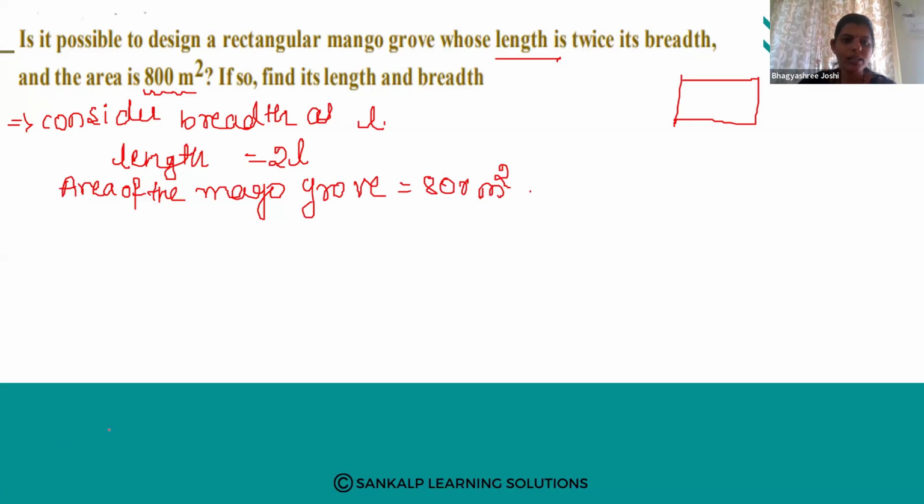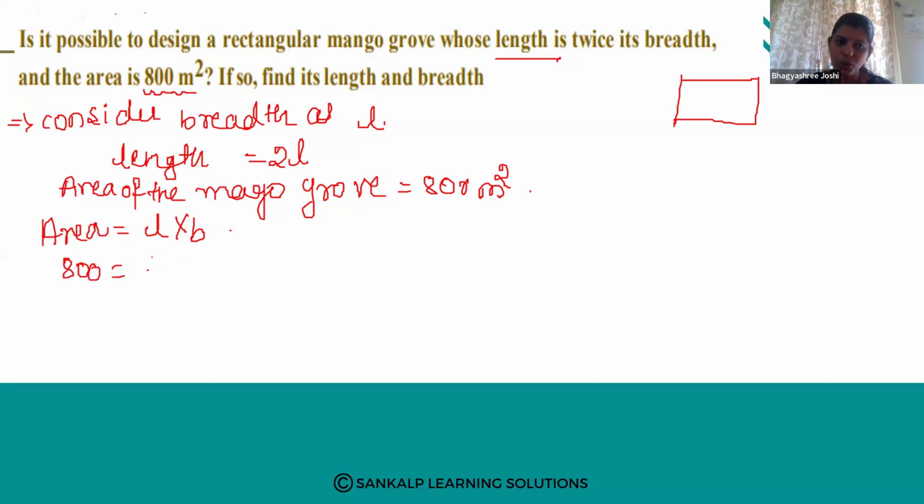Okay. So, for that, in order to find out the area, first we should know the formula to calculate area of the rectangle, because mango grove is in the shape of rectangle. So, here we are using area of the rectangle, that is L into B, length into breadth. Yes or no? So, area of the mango grove is equal to length into breadth. Area they have given, that is 800.